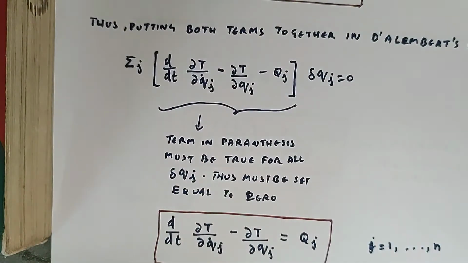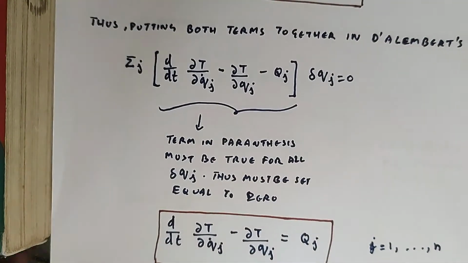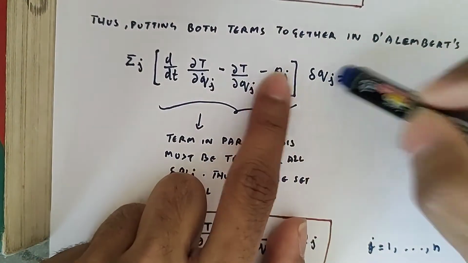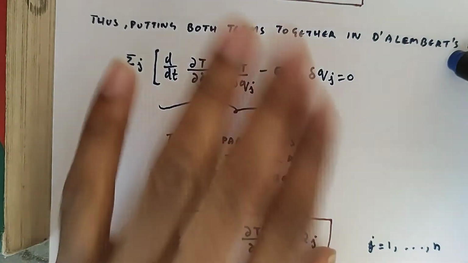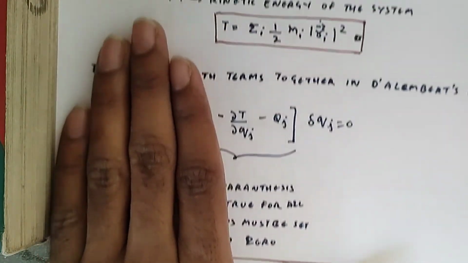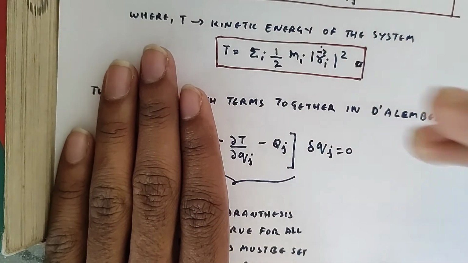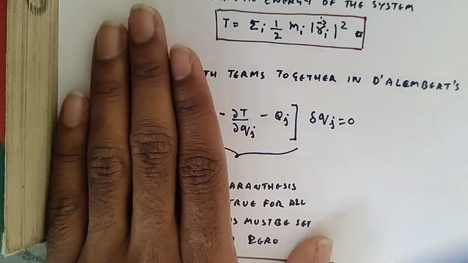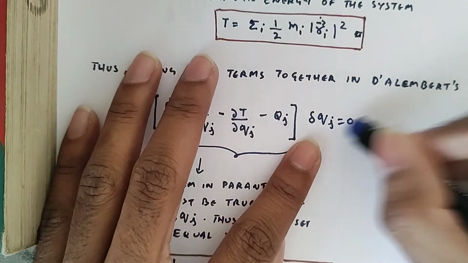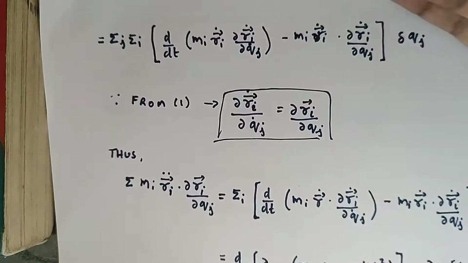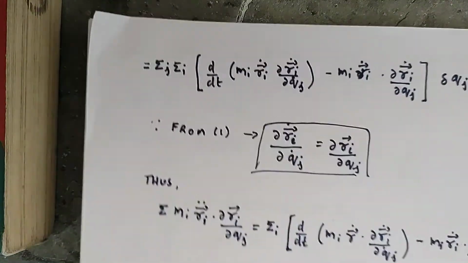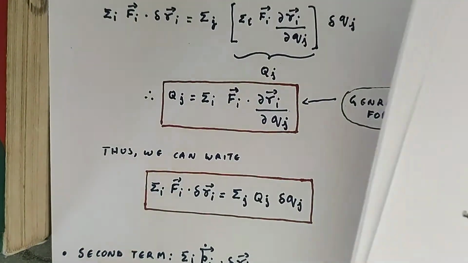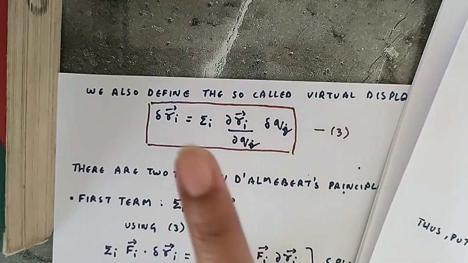Now the term in this parenthesis must be true for all delta q_j, because delta q_j cannot be equal to 0. I know this is one of the worst analogies I'm giving, but it also makes sense. If I set delta q_j equal to 0, then all the problems that we worked on till now, all the equations that we got, were based on delta q_j and delta r_i, so it would become meaningless.